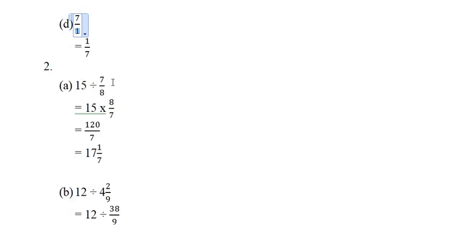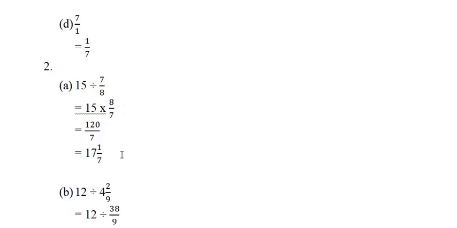Now in case of fractions, whenever you see this sign of division, it means that this sign will be converted into the sign of multiplication, and the number which is after this division sign will be reversed, it will be the reciprocal of it. Now it will be 8 by 7, and you will multiply and you will get your answer.